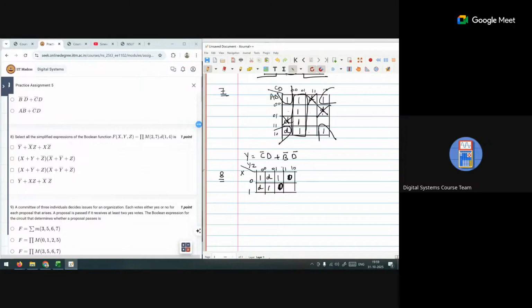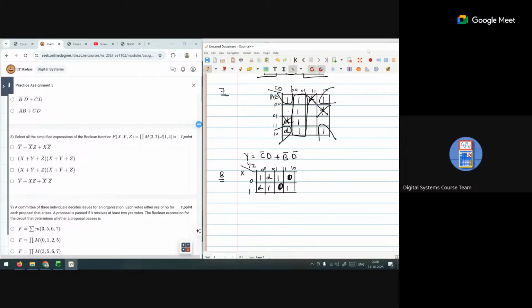One, one, one, one. Okay, now first of all check whether the terms are given in SOP or POS form. So the first expression is SOP form, the fourth expression is SOP form. So we have to check SOP for these, and the second and third for the POS term.